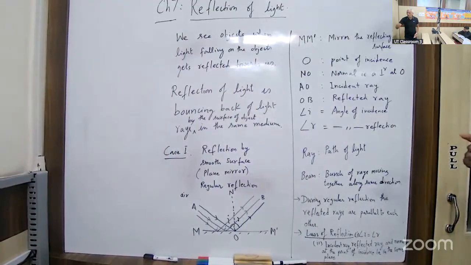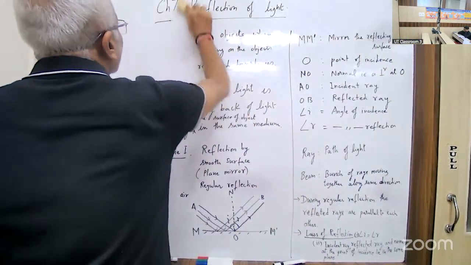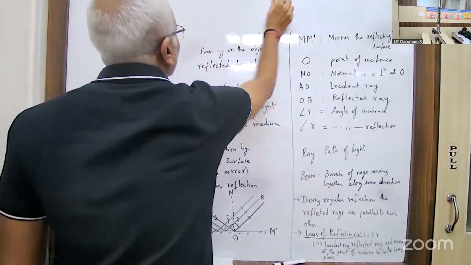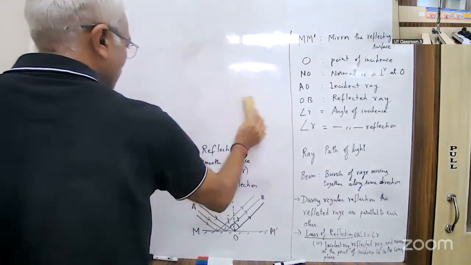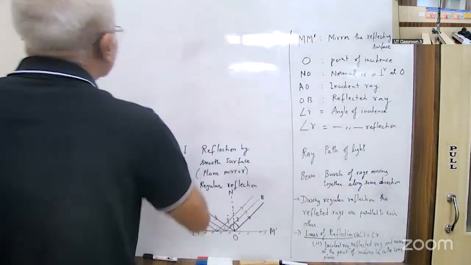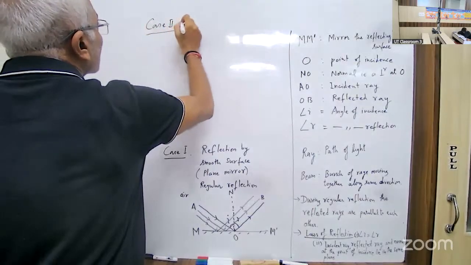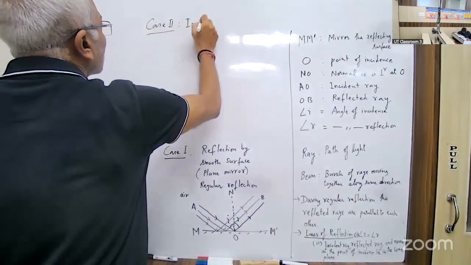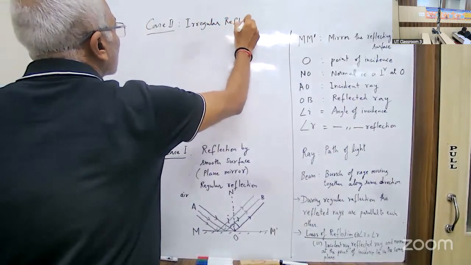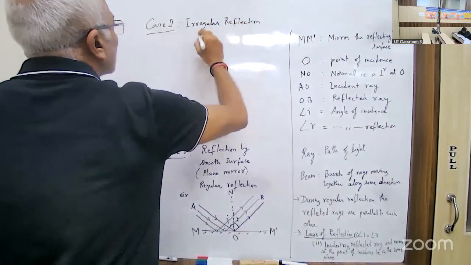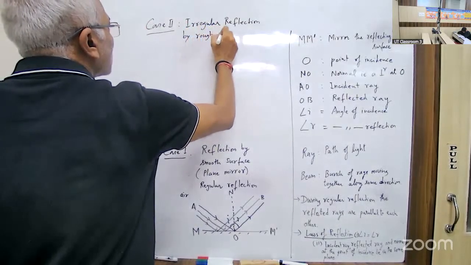So I'll erase the left side. Let's discuss case 2. Irregular reflection by rough surface.